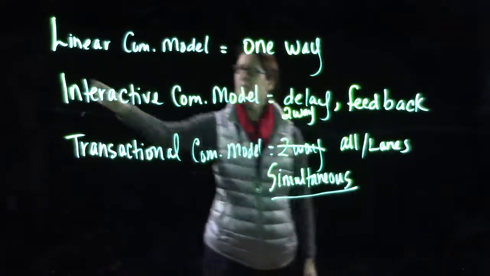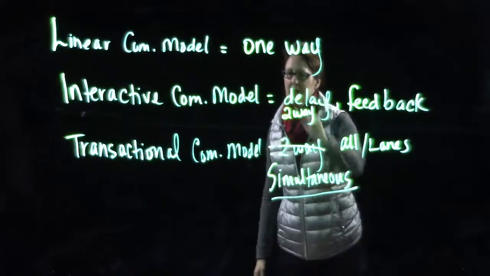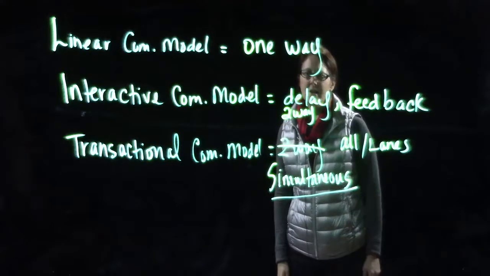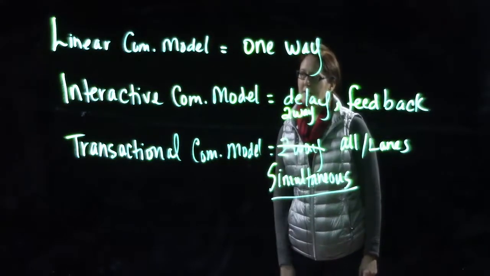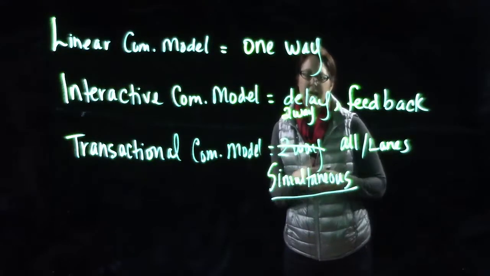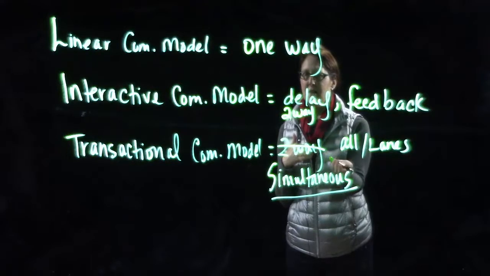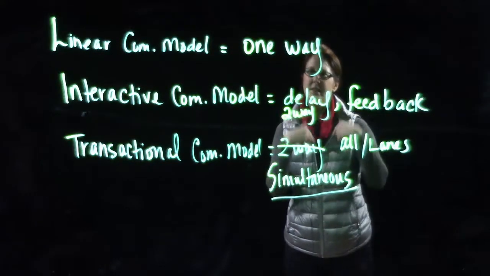So the linear communication model is the most simplistic. Then we have the interactive, which is two-way. It's delayed and there's feedback. And then the transactional model is occurring simultaneously: while I'm sending a message, you're receiving, and also sending a message while I'm receiving.